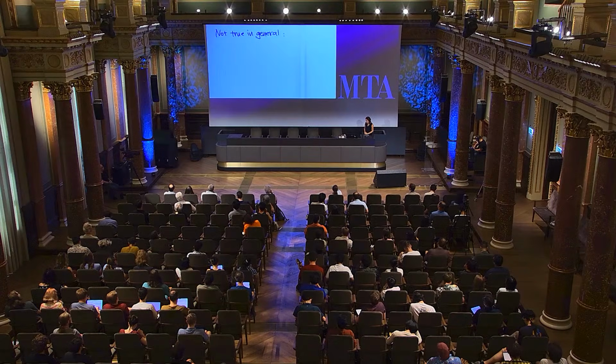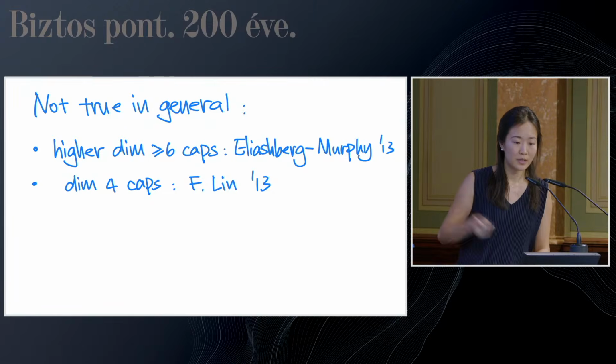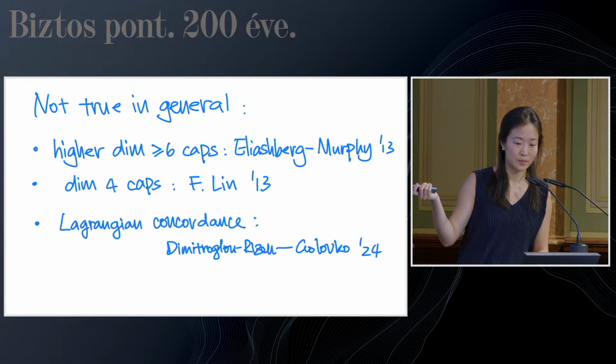So this is not true in general for general Weinstein cobordisms. In higher dimension, we have Lagrangian caps constructed by Eliashberg-Murphy in R^2n minus a ball. They use the h-principle. And in dimension 4, we have the construction by Francesco Lin. He also constructed Lagrangian caps.